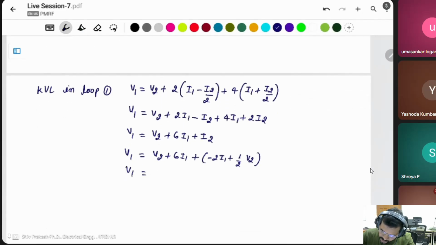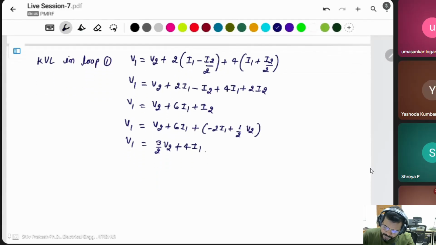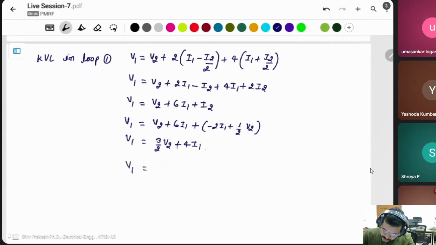V1 is equal to half V2 plus V2 is equal to 3 by 2 V2 plus 6I1 minus of 2I1 is equal to 4I1. And what is the V1? In terms of port I1, 4I1 plus 3 by 2 V2. Equation number second.